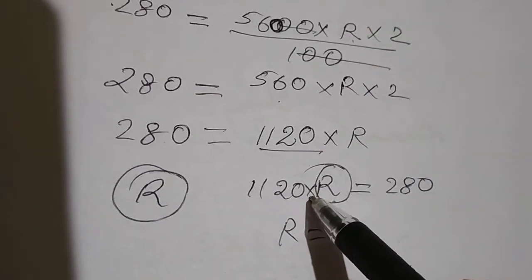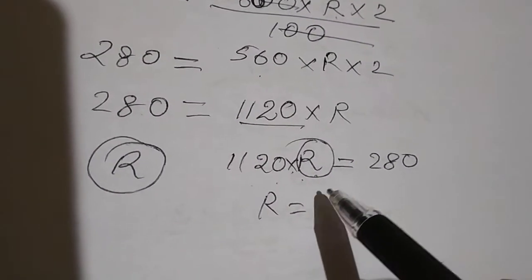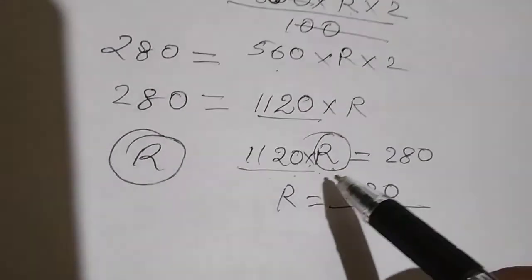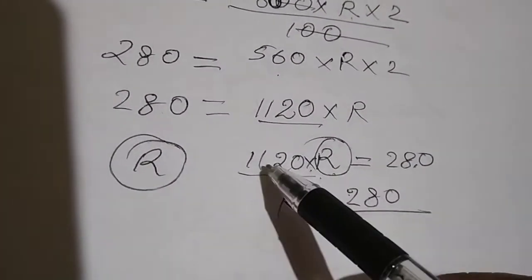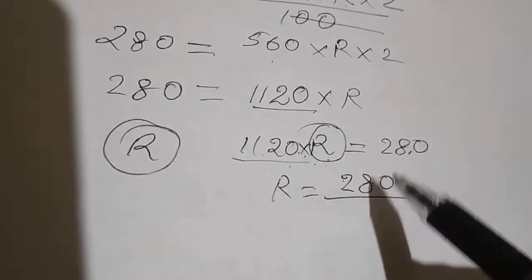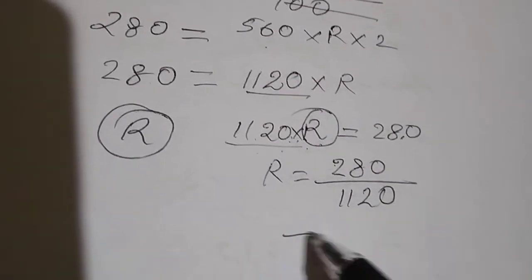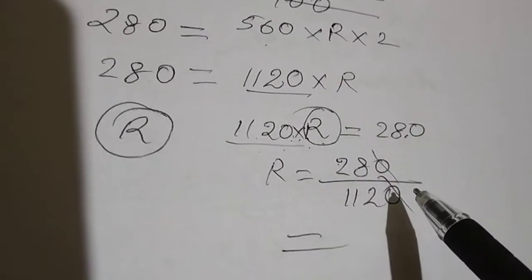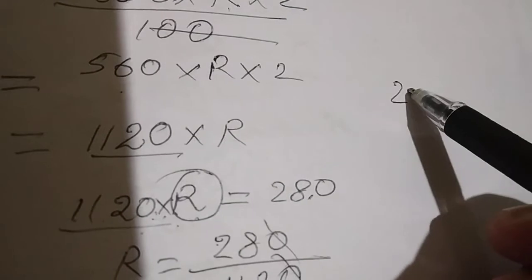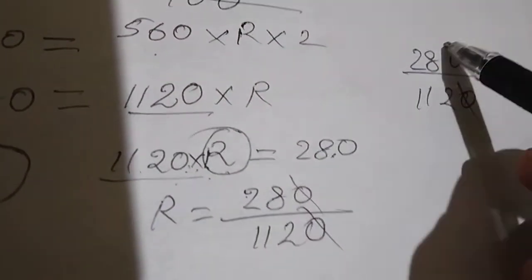Here R is multiplied by 1,120. We have to take this number to the RHS part. So here multiplication, so that will be the opposite operation, division. We can cut this one and this one. After then 280 divided by 1,120, we can cut these two.